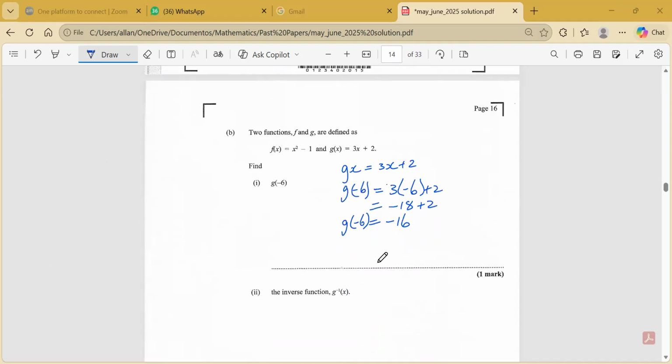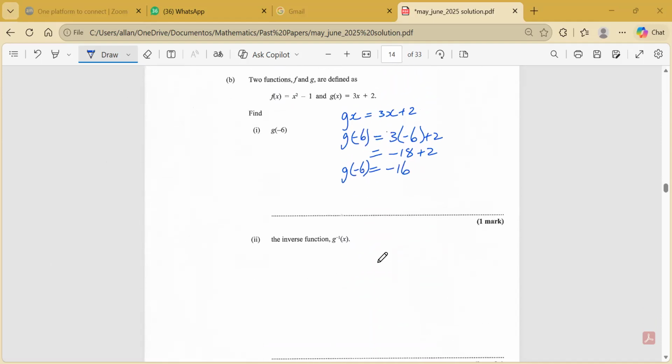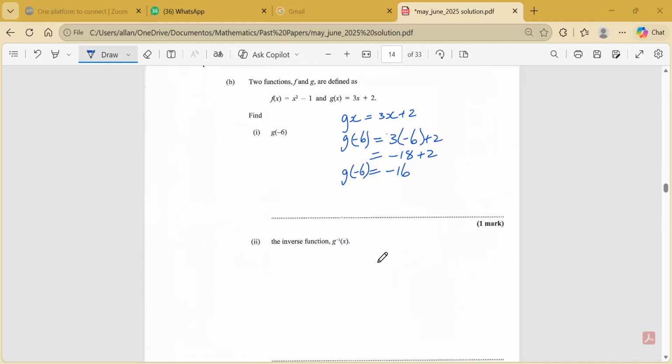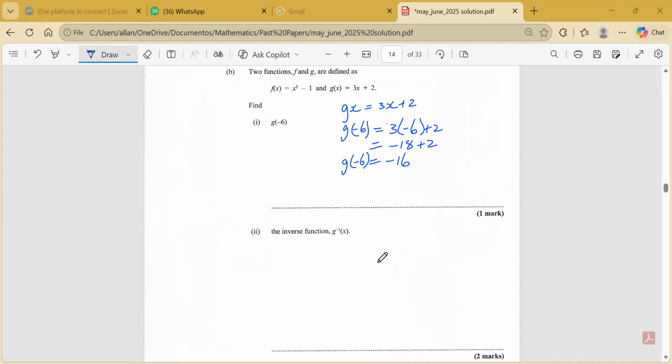All right, so we found what g of negative 6 is. Now g inverse. Everybody send that to me. G inverse. So g of x, and you find for y.